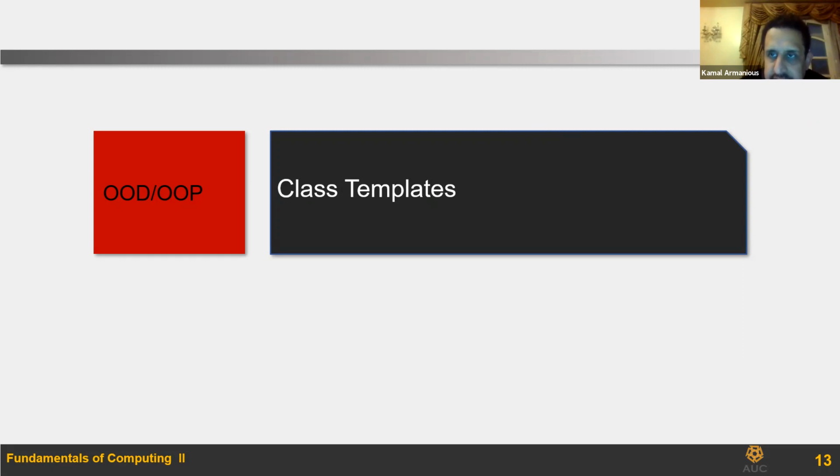So a stack is a data structure. An array is a data structure. Yes, Sandra? So what will happen if you want to have an array of integer and an array of float?